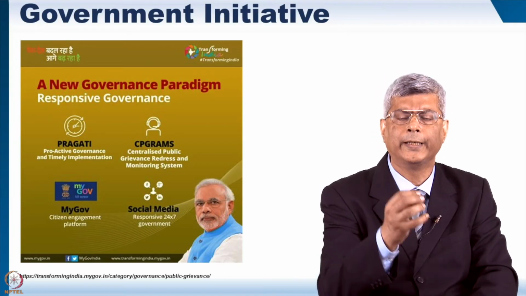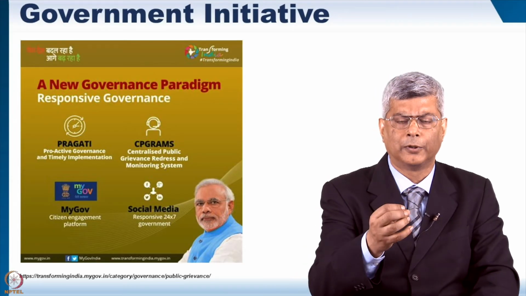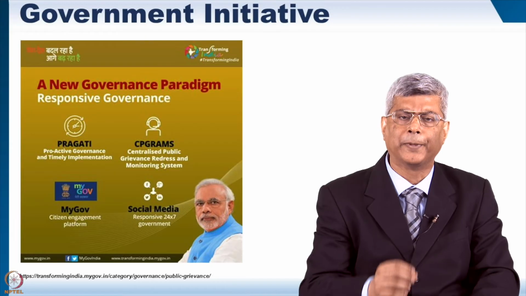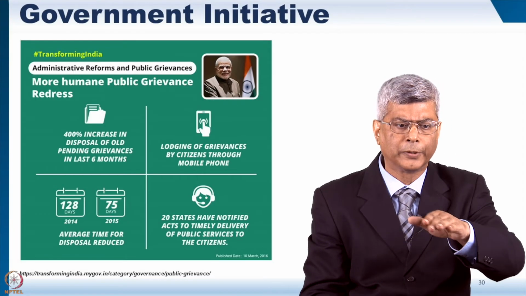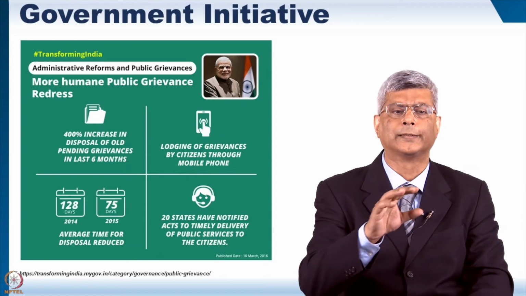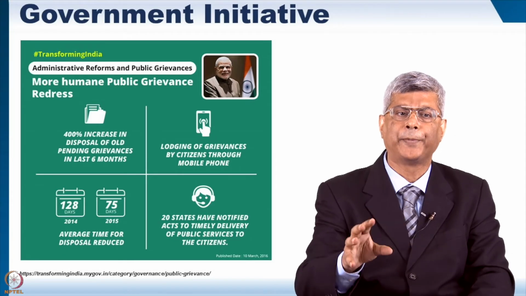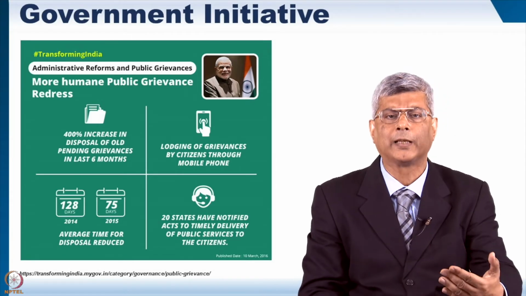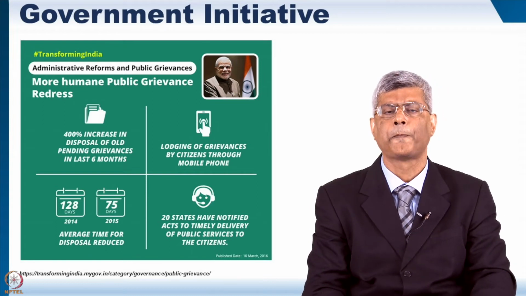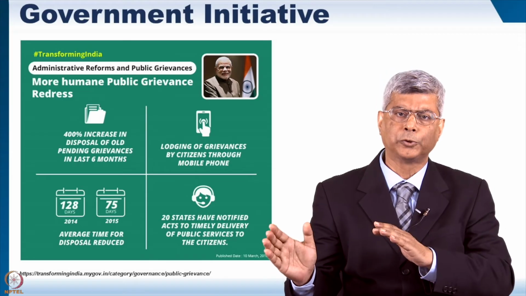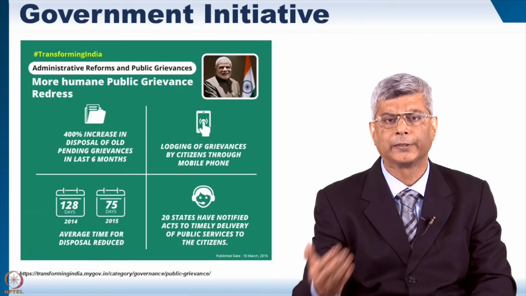So Indian citizens get good service and therefore are happy with government departments. And again, if you go there, you'll find some of the numbers are given. You can see the results and the KPIs of how public grievance is being resolved by the government and government departments. And all of this actually leads to happier citizens because they're getting good service from the government.